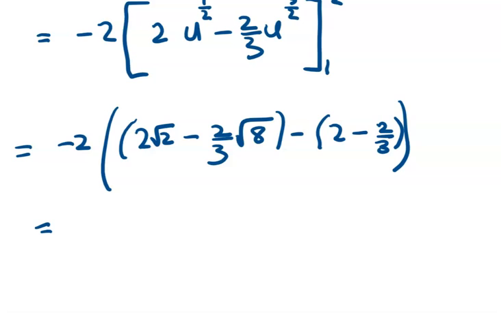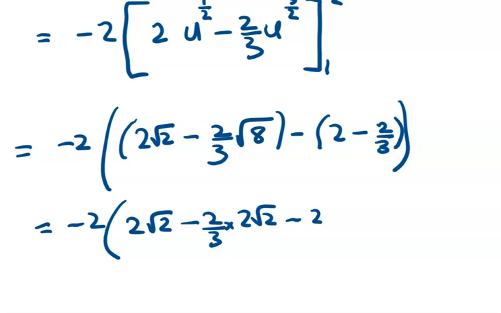We know that root 8 is 2 root 2. So that's the next cleanup step that I'm going to do. I have 2 root 2 minus 2/3 of 2 root 2 minus 2 plus 2/3. That was actually really silly. 2 minus 2/3. We might as well clean that up now. So 2 minus 2/3 is simply 4/3.